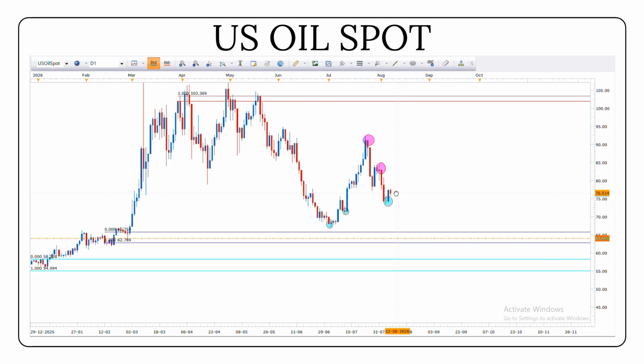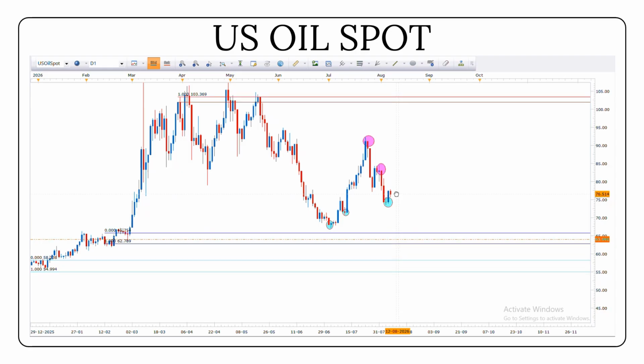Therefore, one needs to wait and see if it can manage to drop all the way down to its price of 65, where it was trading before the war between the United States of America and Iran started.